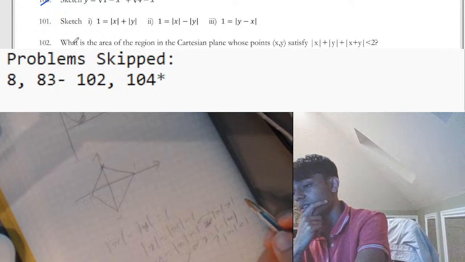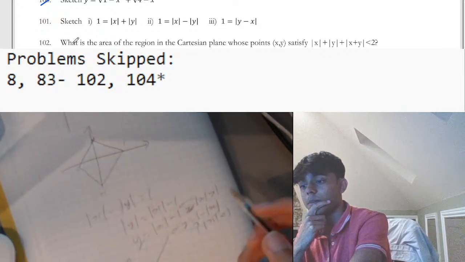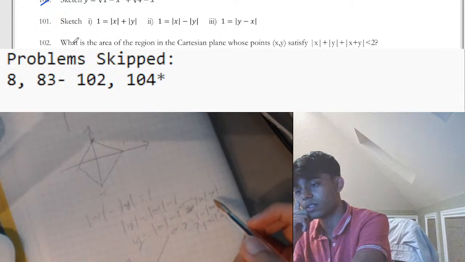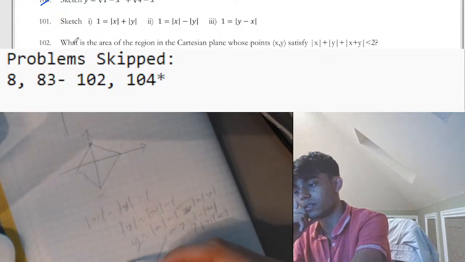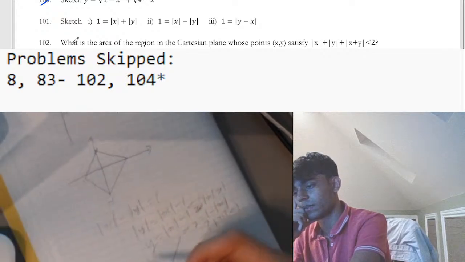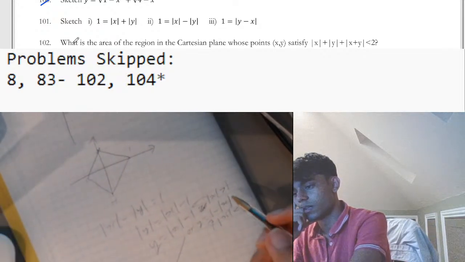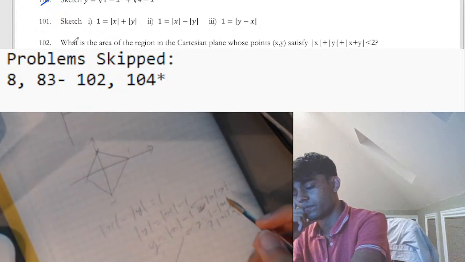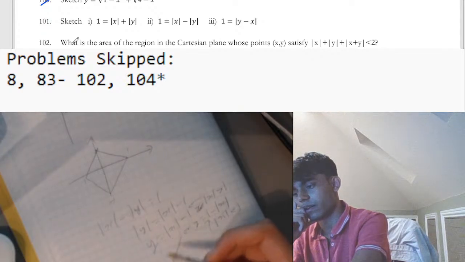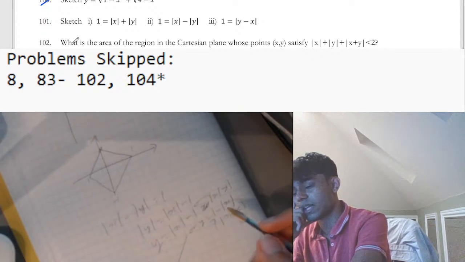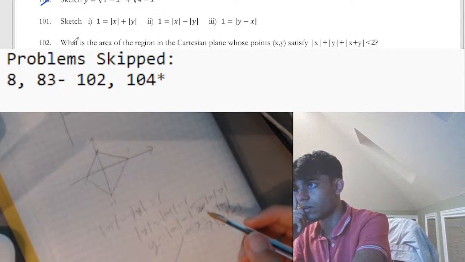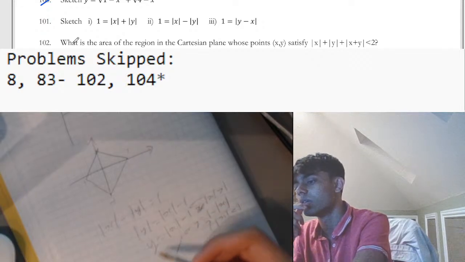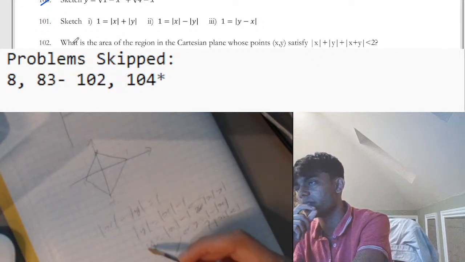If x is between 0 and 1, you're in this case, so we're going to have 1 minus x, so it's going to be like this. x equals 0 is impossible. Okay, so it's going to be something like this.